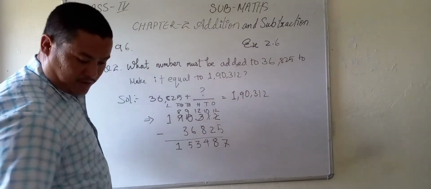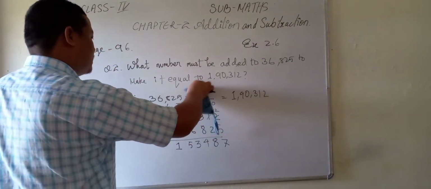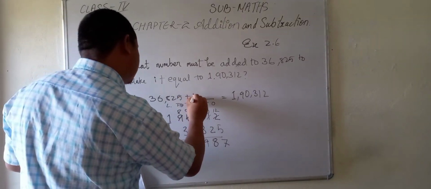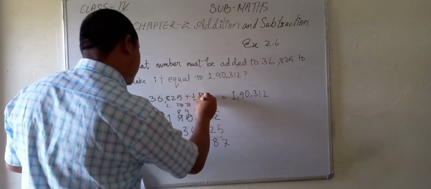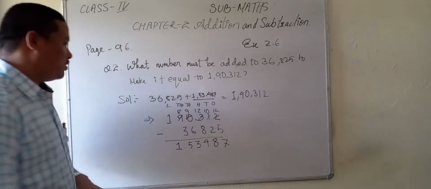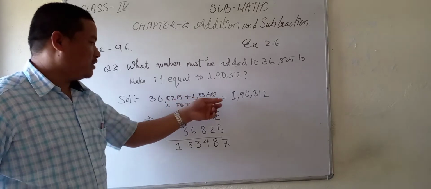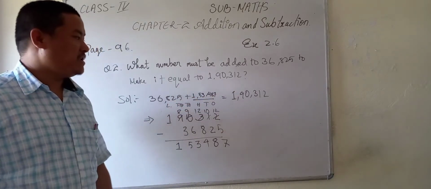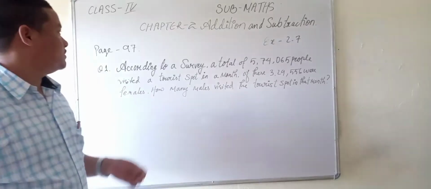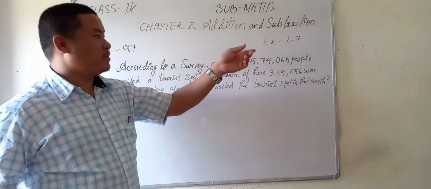So the answer is 1,53,487. If these two numbers are added, it will be equal to 1,90,312.